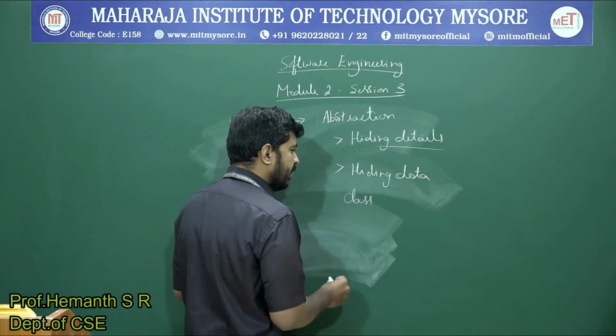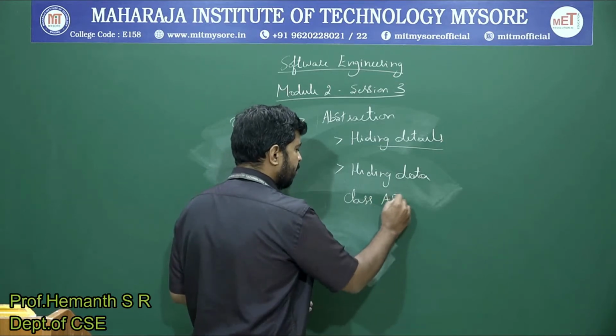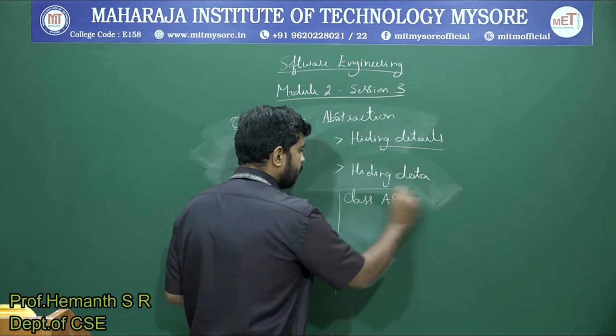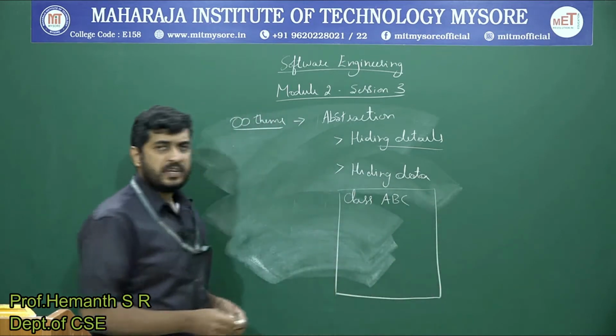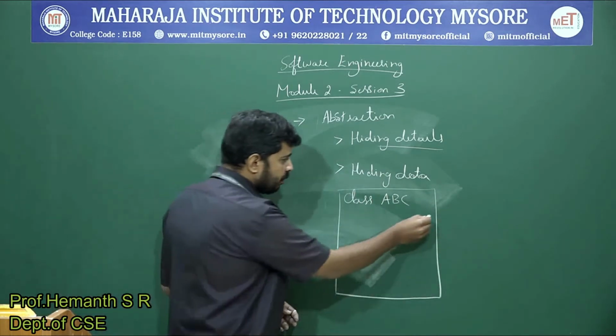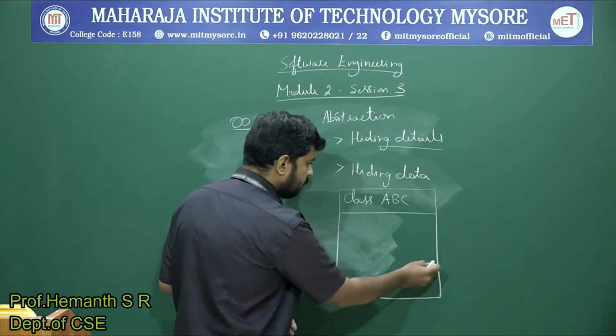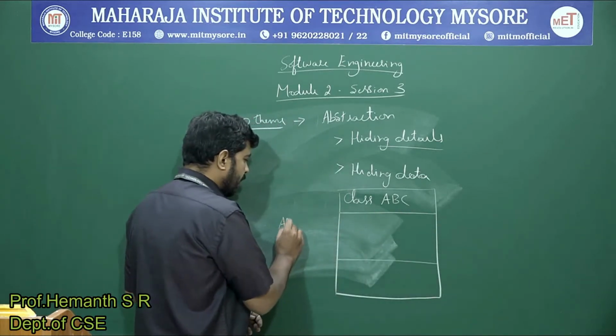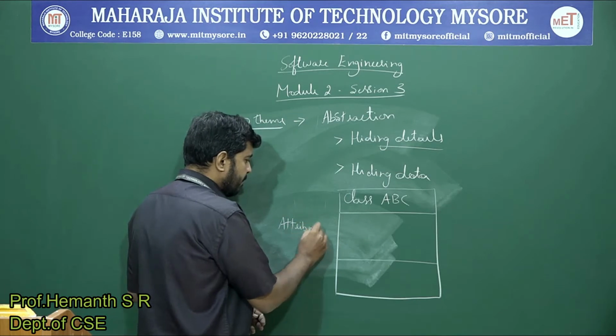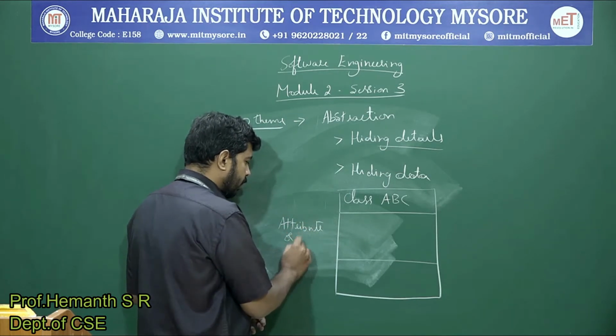For example, we will consider a class, some class ABC. As already discussed in the previous session, a class will have two sections. One is attributes or properties.